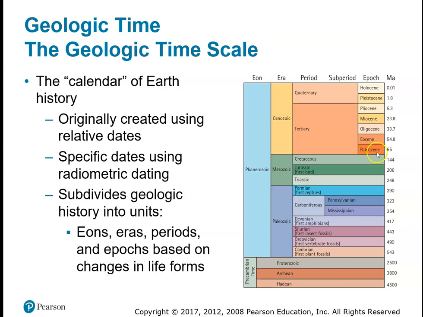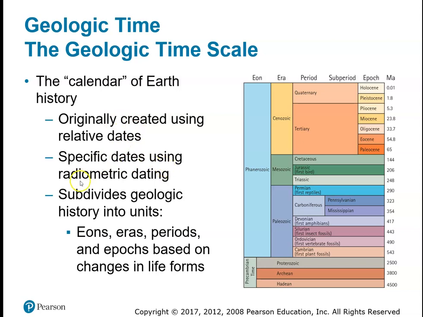The Pleistocene, and so forth. We'll go through each of these, but the Holocene is the modern era where humans come along. All right, so let's get more into that.